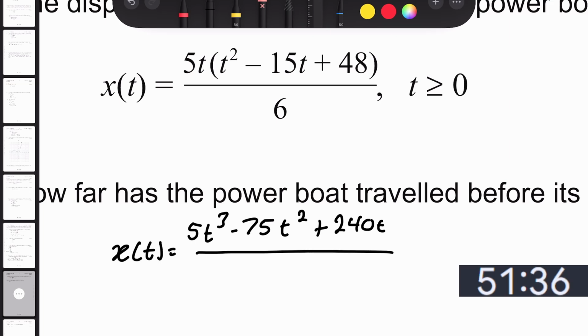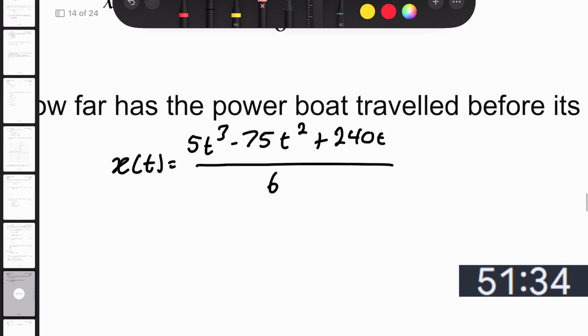240t all on 6. So then velocity of t is going to be... Now this isn't really a quotient, is it? Because I can just put 1 on 6 on the outside.